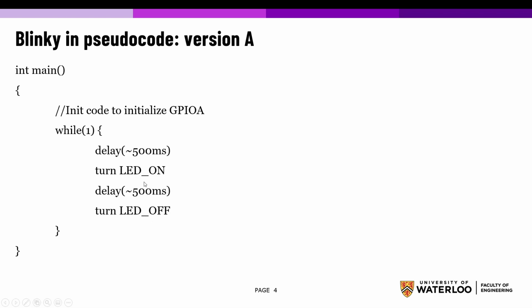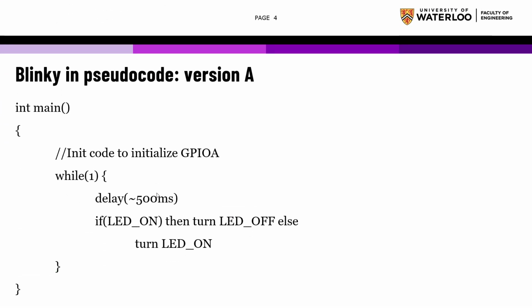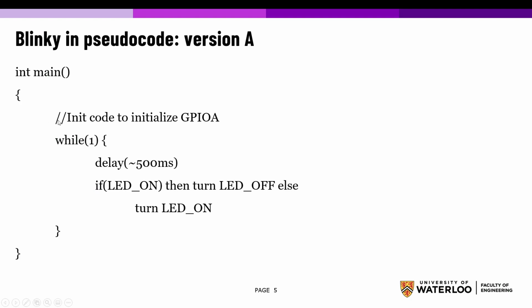The only difference is that if the LED is on, I can turn it off, and if the LED is off, then I will turn it on, or I can use some other mechanism to turn this LED on and off without even having to implement a logic that will find out whether it's on or off. But in general, the implementation will look something like this. We have the while loop, the delay of 500 milliseconds one time, and then if the LED is on, you're going to turn it off, else you're going to turn it on.